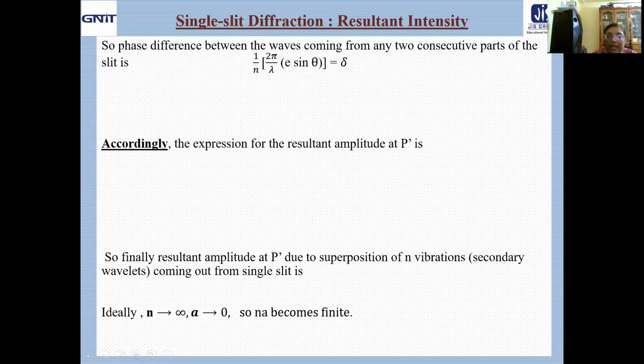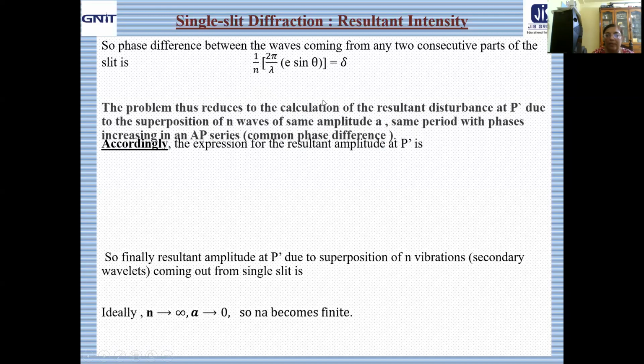Now we are considering, theoretically, that the entire width of the slit is divided into n equal parts, so that the phase difference between the waves coming from any two consecutive parts of the slit is given by 1 by n into 2 pi by lambda into e sine theta, say delta.